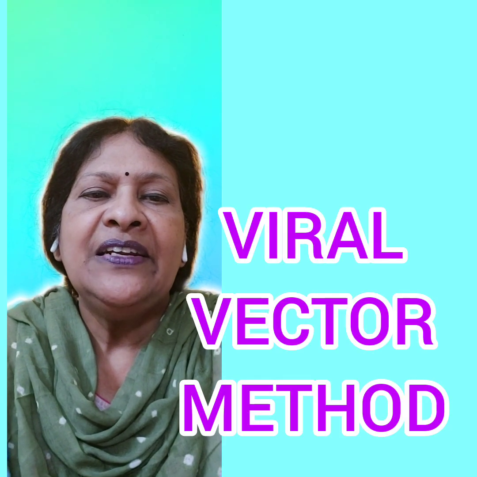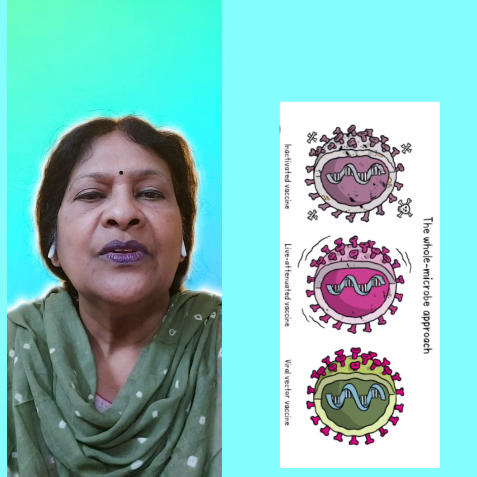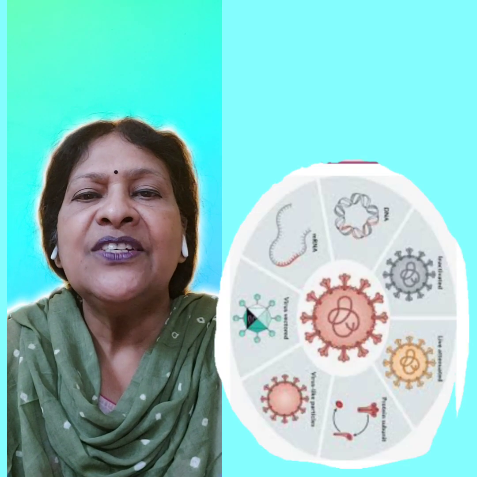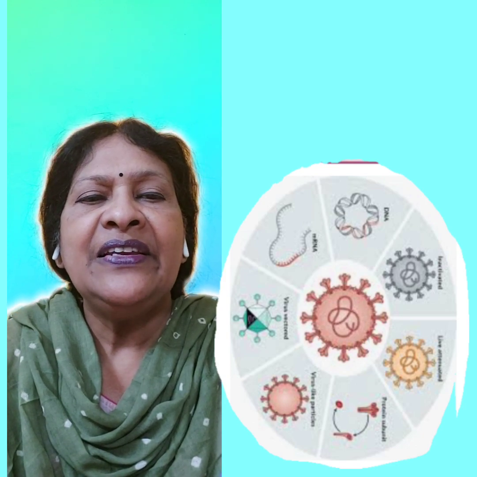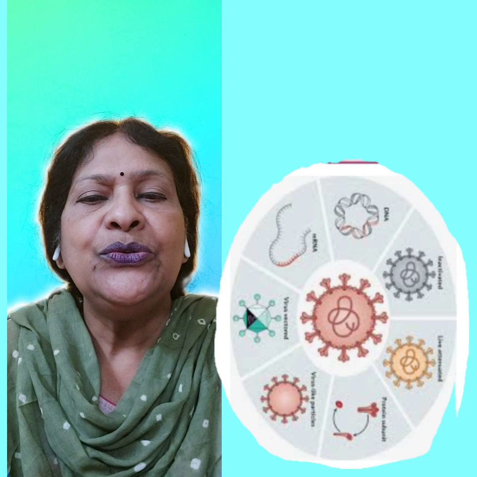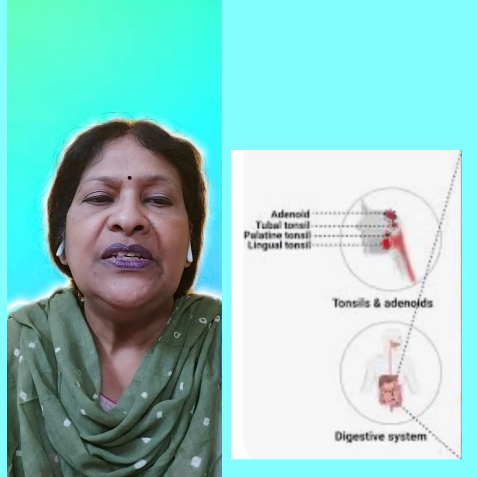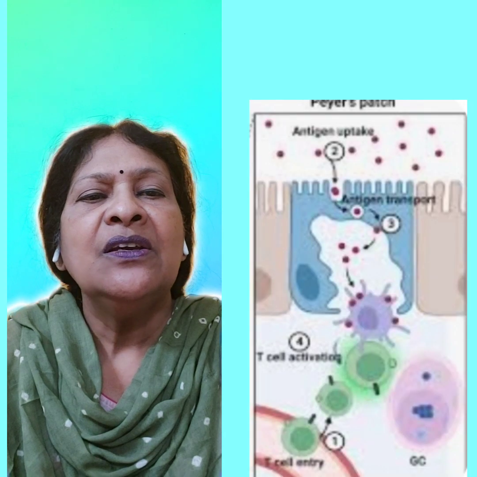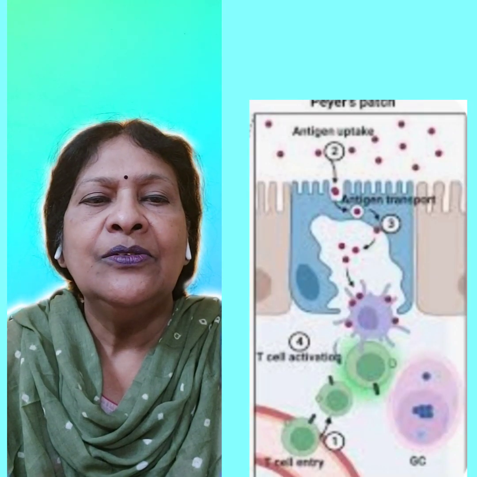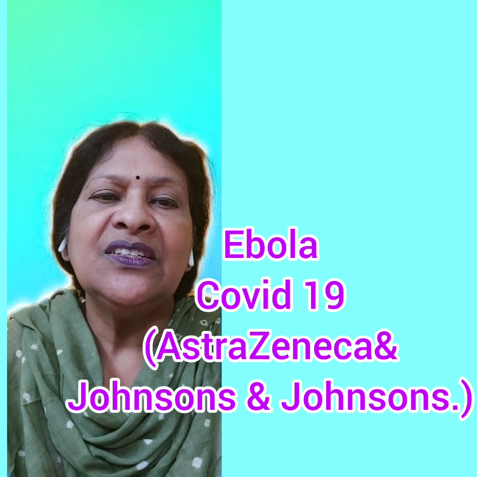There are even other ways of preparing vaccinations where we can use several other methods like the viral vector method. Here in this viral vector method, the vaccination uses a vector, and that vector is definitely harmless. So it is a harmless virus which is used as a vector, and there the chemical is introduced, and here the immunoglobulins that are produced are used for the treatment of diseases like Ebola, which is a very serious disease.